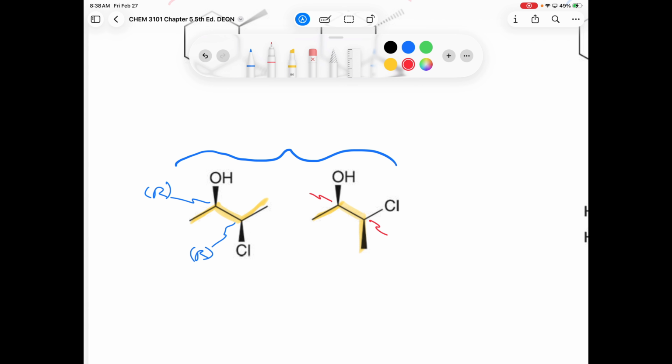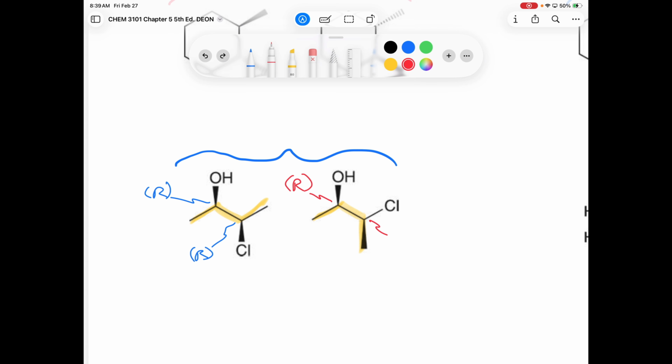For the chiral center on the left. Anybody? R, right? We're going from 1 to 2 to 3. The hydrogen's in the back, so this would be R. What'd you guys get for the second one? S? Yeah, me too. So we go from 1 to 2 to 3. The hydrogen's in the back. It's going counterclockwise.